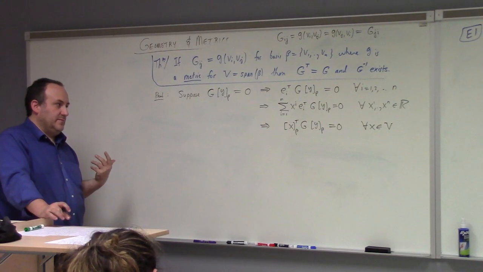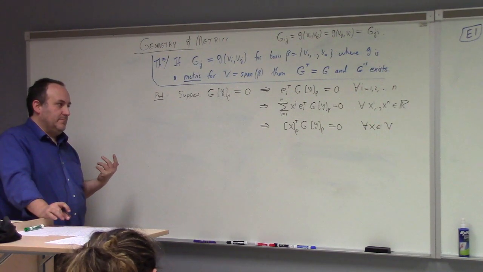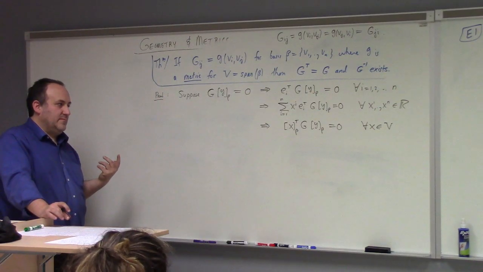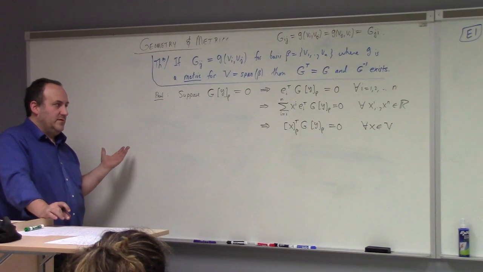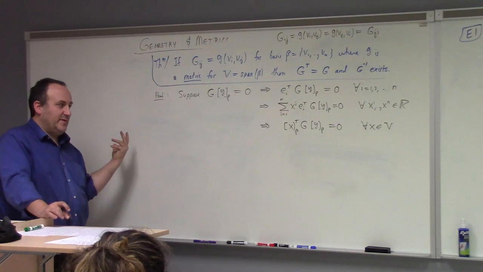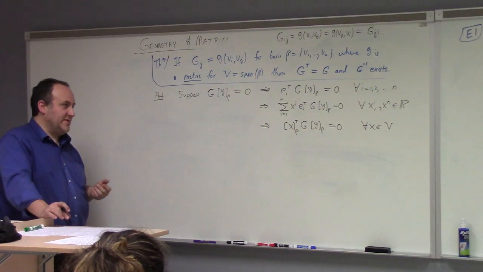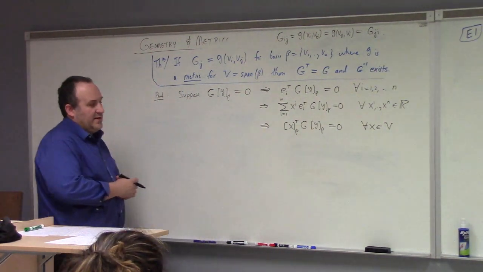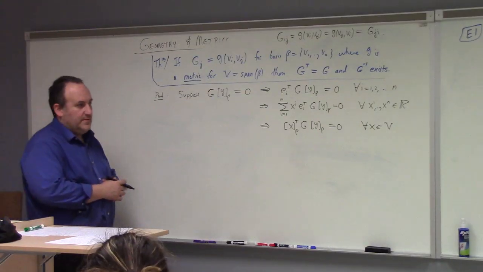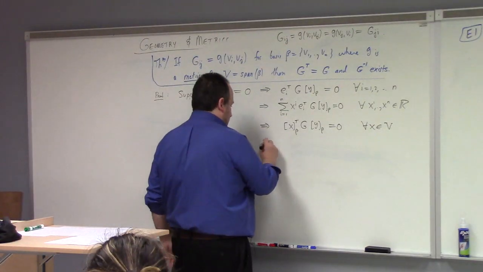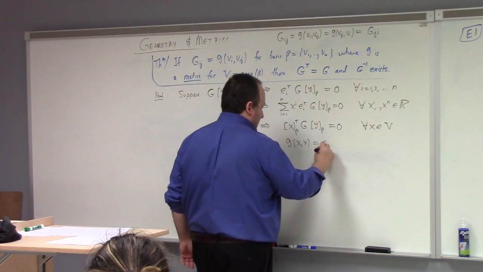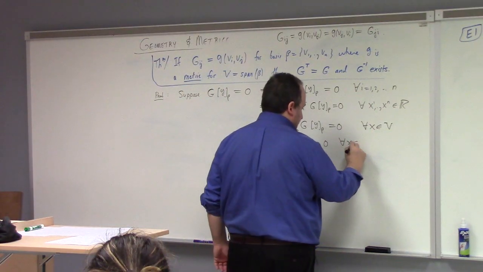And so it should be somewhat clear that I can make x^1 through x^n be whatever I need them to be by choosing the appropriate vector in the vector space. I think this is clear. But then I use the lemma, right? The lemma says that this is g of x comma y is equal to 0 for all x in the vector space.